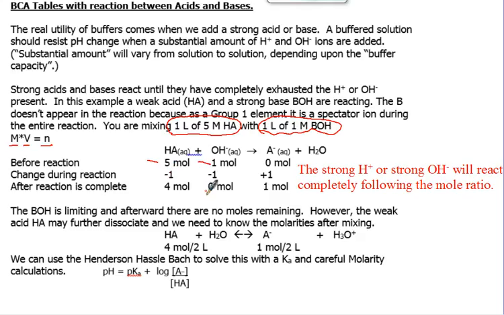How much base is left over after the reaction is complete? 0. How much acid's left over? 4. However, we have a reaction now making product. So we just made 1 mole of anion, didn't we? What we have left over is a weak acid and its conjugate base.